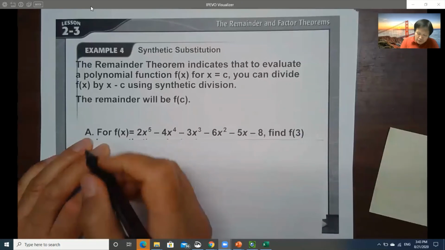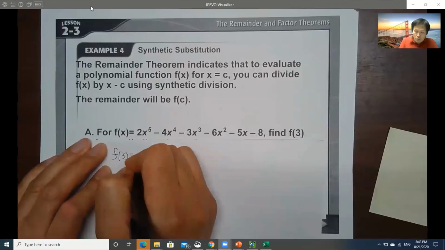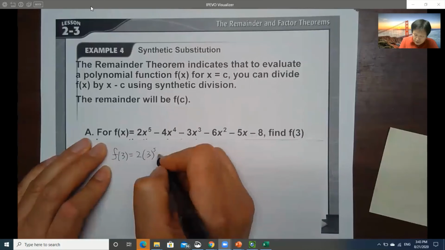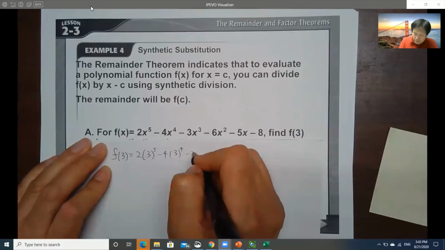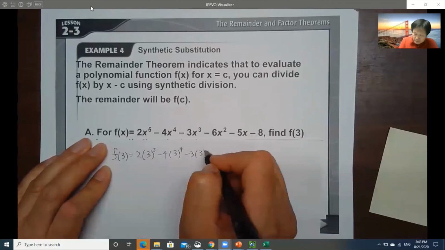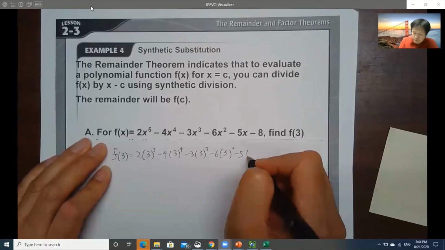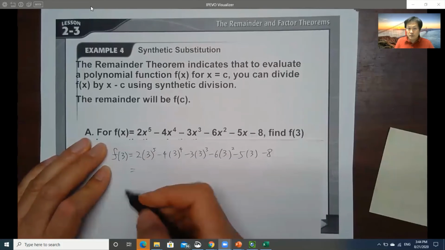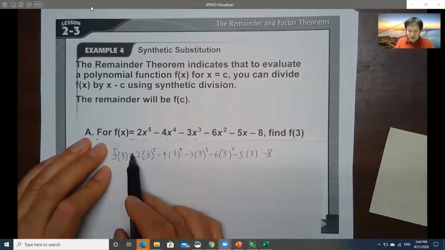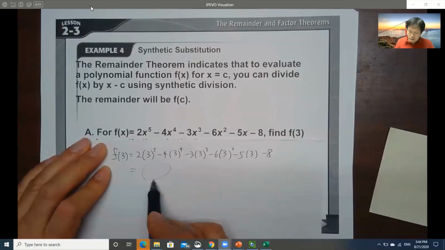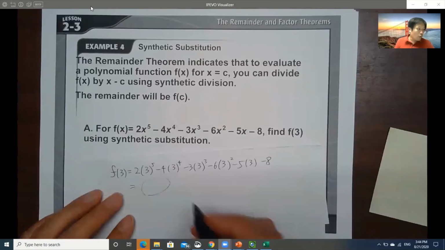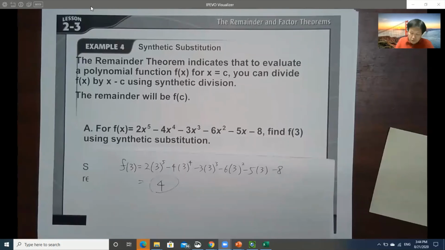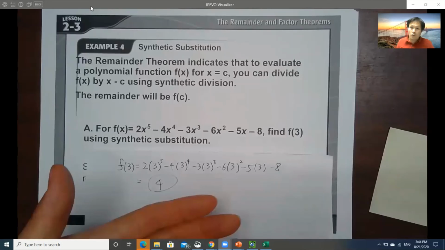Wherever x appears, you can just plug in 3. Isn't that how you calculate f of 3? Yes. Can I just put that into the calculator to get the answer? Yes. If you type that into the calculator, you get 4.